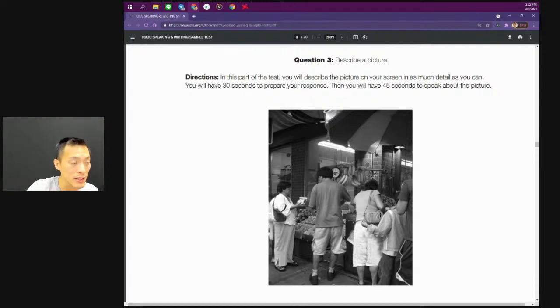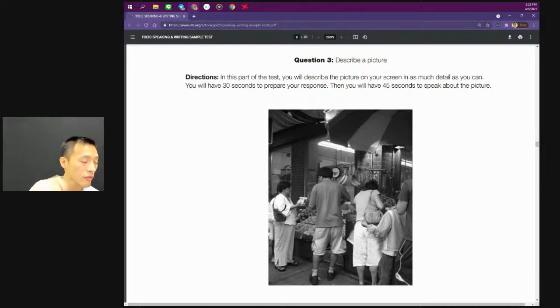So that's the kind of thing that you could do to put on your personal touch and to show them that you can generate independent thoughts when it comes to using English. So note that I am still within the direction of the test. The direction of the test asked me to describe a picture. I describe a picture and just throw in my little opinion.